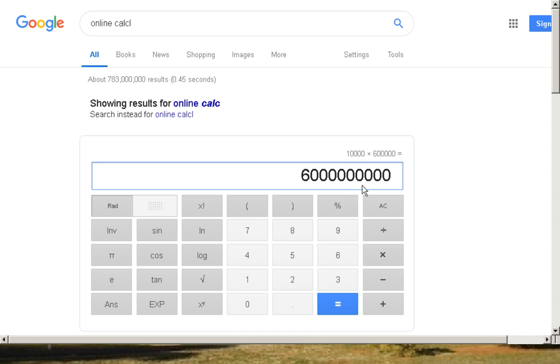And this is 6,000 with 6 zeros. What is it, 0.16? It's not 0.16 times 10 to the minus 9.